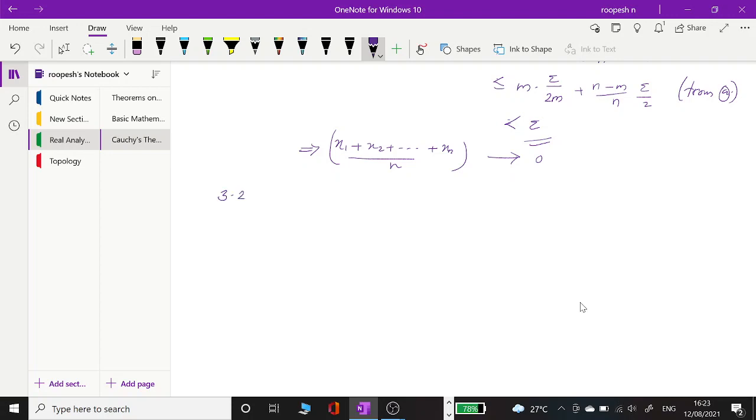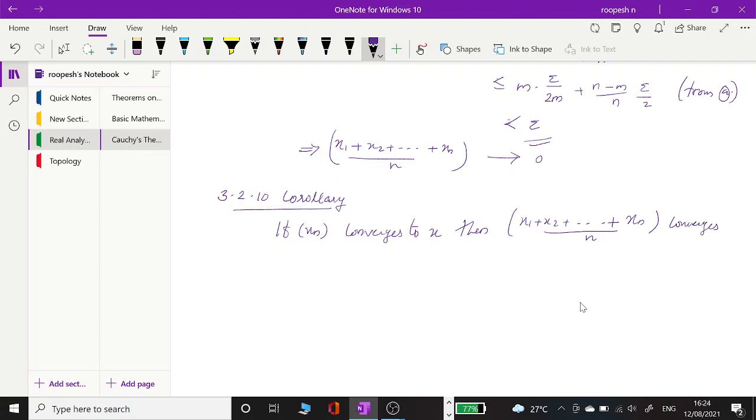Corollary 3.2.10. If xn converges to x, then x1 plus x2 plus etc. plus xn by n converges to x.